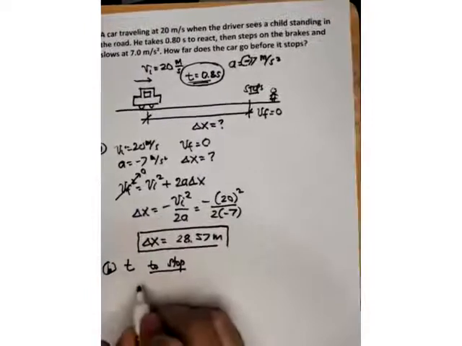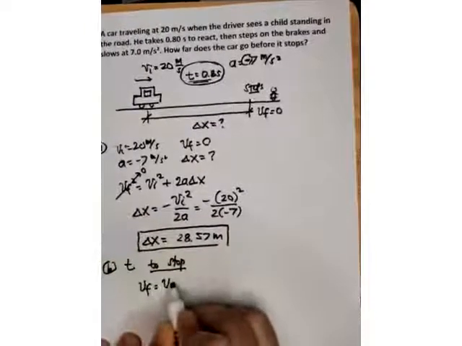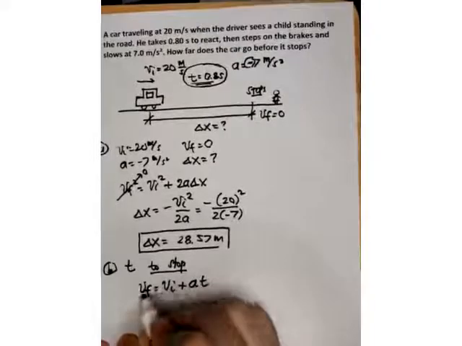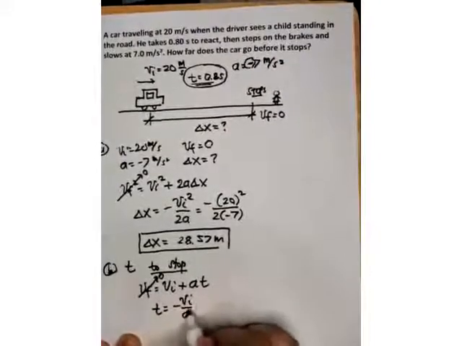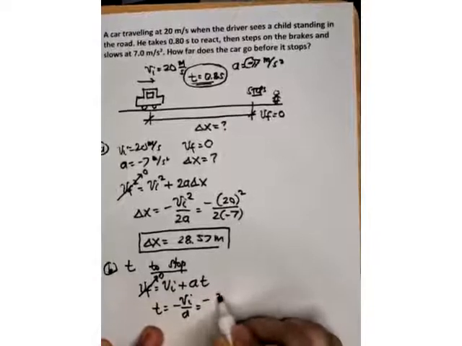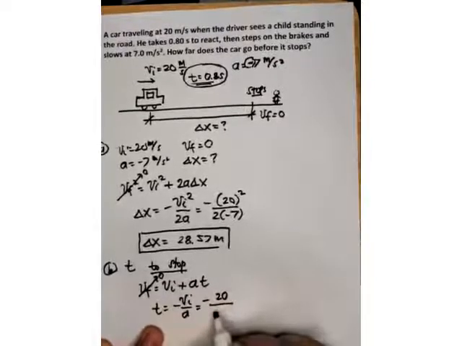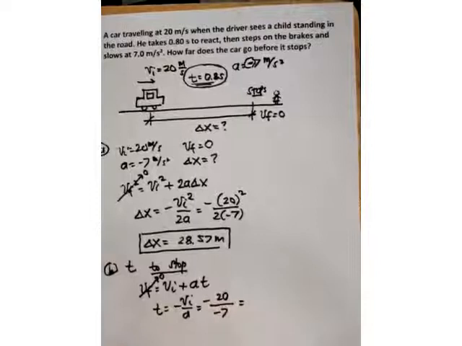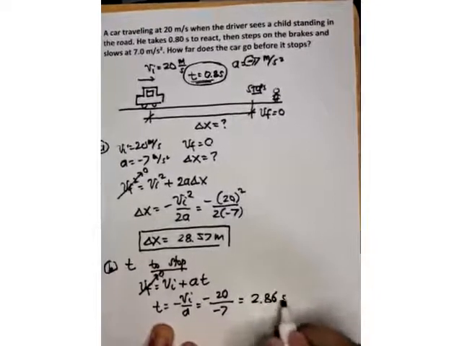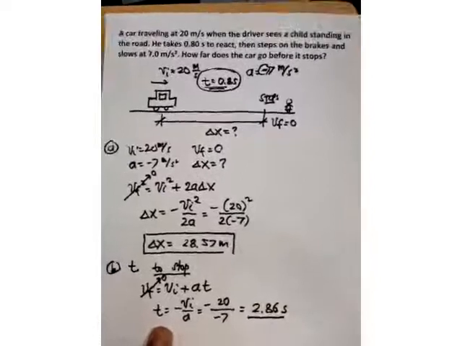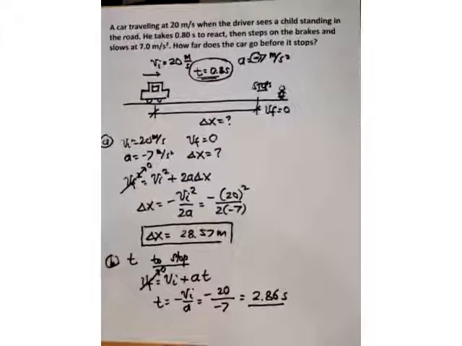Okay, yung V final, V initial plus at. So V final is 0. So time is negative VI over A. So that's negative 20 over -7. Okay, 2.86 seconds.